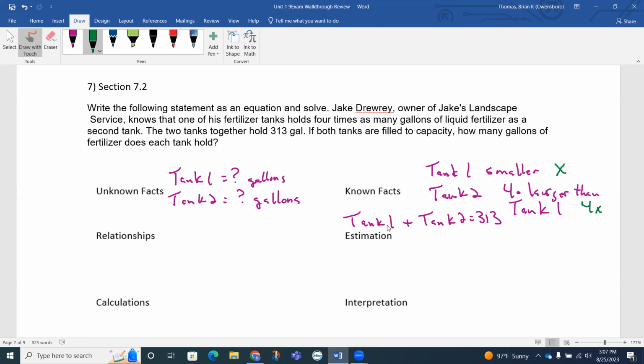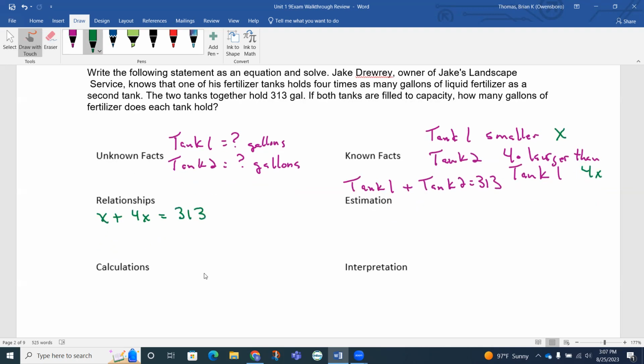So what I pick up on is if tank 1 is X and tank 2 is 4X, together that's going to add up to 313 gallons. So I don't really need an estimation here. I've got what I need right here. I can just run with this.